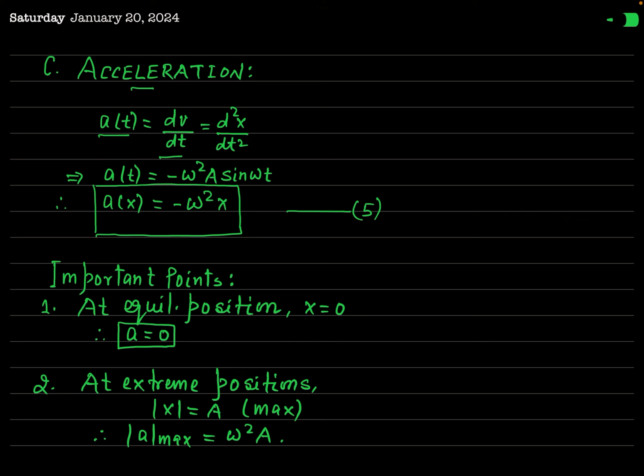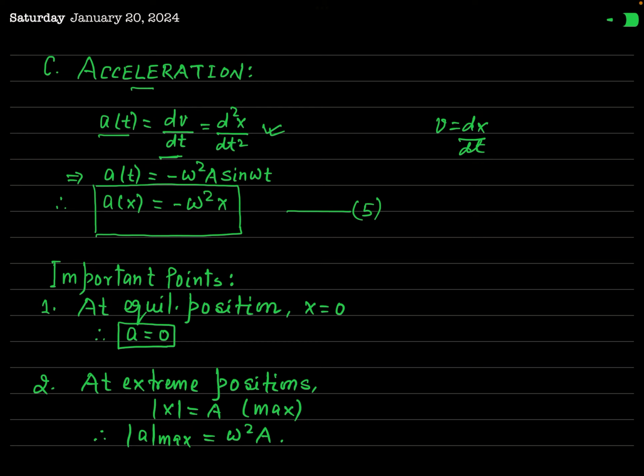So a at time t is equal to dv by dt. But v is dx by dt, so you will get d2x by dt square.